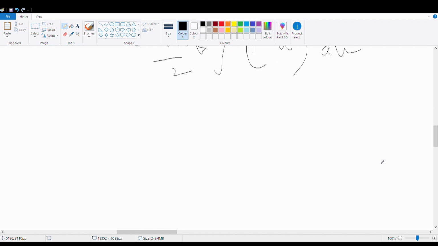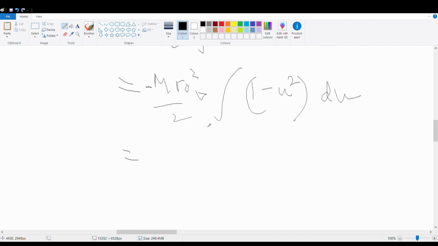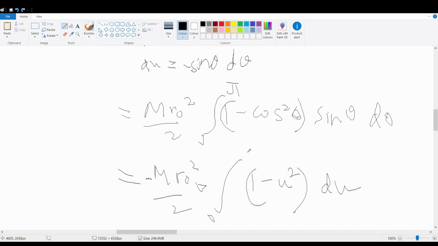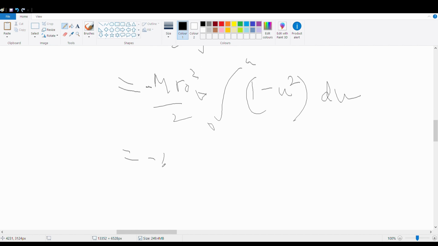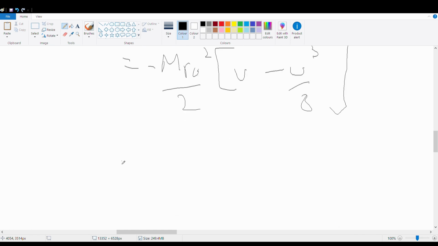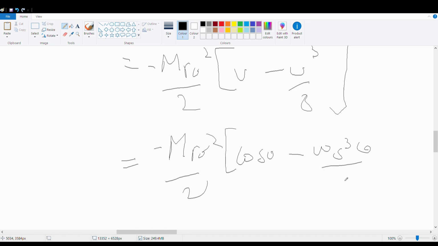When we integrate this, we get minus m r naught square by 2 into u minus u cube by 3. Then we substitute what u is, so we write this as minus m r naught square by 2, cos theta minus cos cube theta by 3.